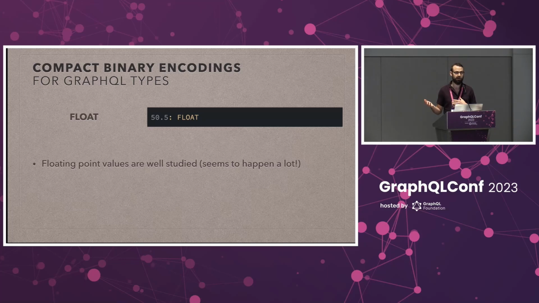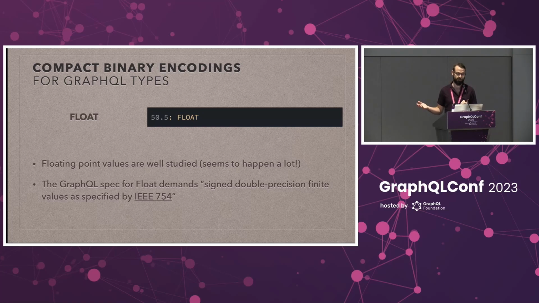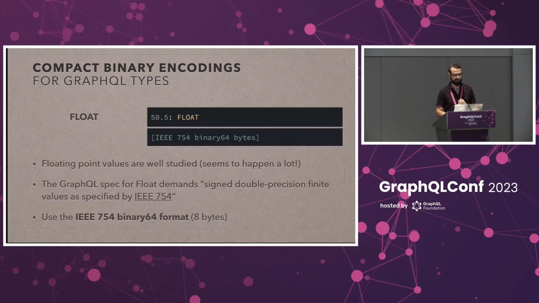This seems to happen a lot. We should just use other people's careful research. The GraphQL spec for float actually demands signed double precision finite values as specified by IEEE 754. So that makes our decision a little bit easier. We'll just use the IEEE 754 binary 64 format, which always uses 8 bytes, which is fairly compact, but maybe something we could improve on later. That'll look like this.